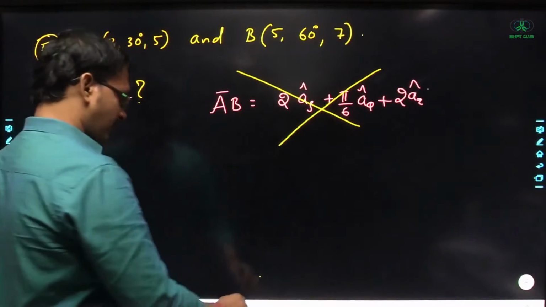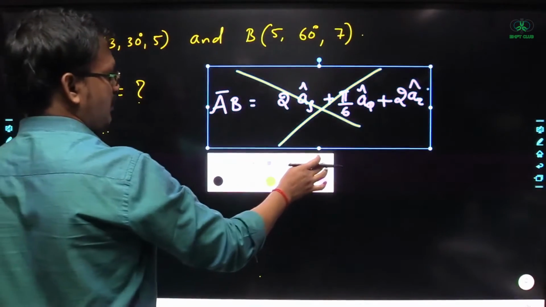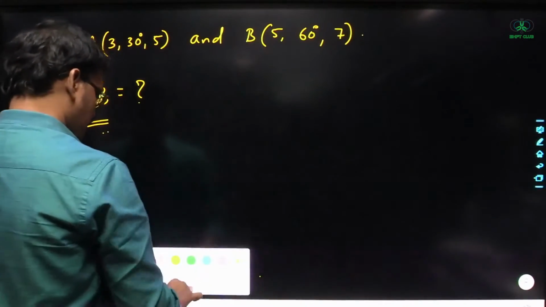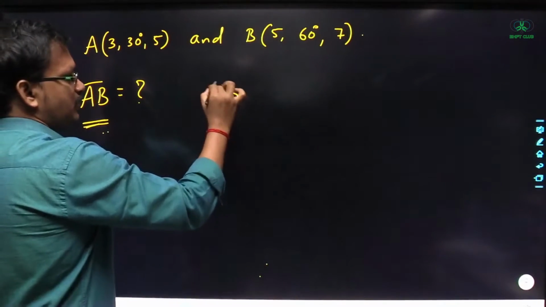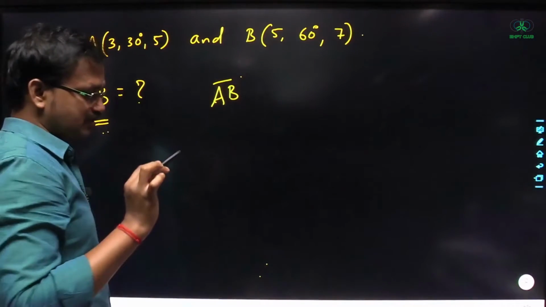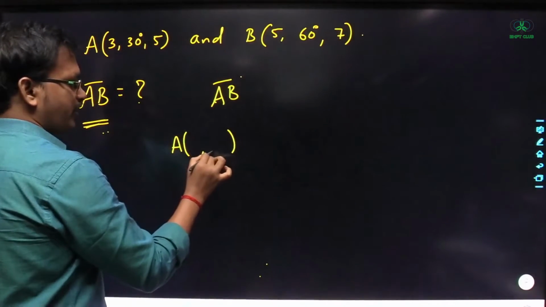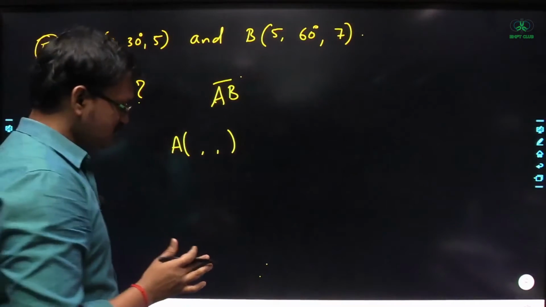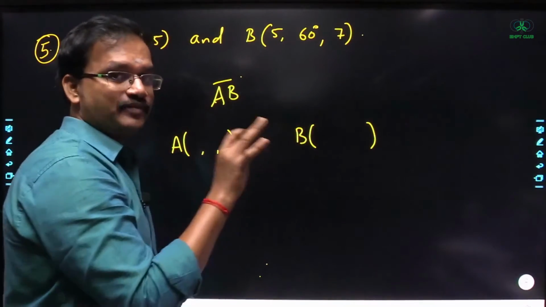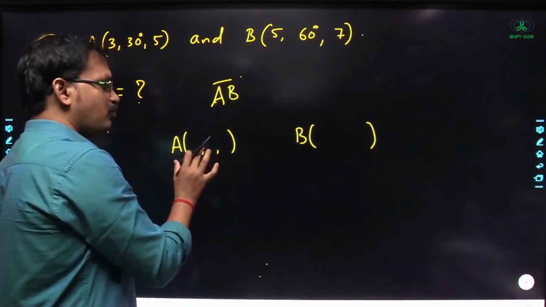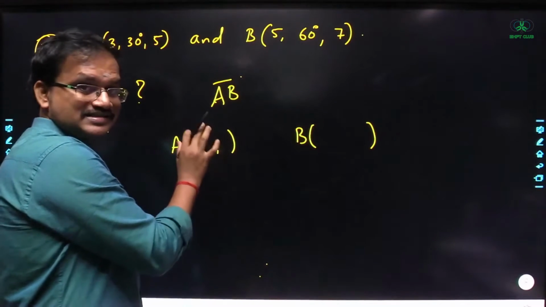If you want to represent a vector AB bar, the condition is that all the three coordinates in point A must have the same units, and also in point B all the three coordinates must have the same units.